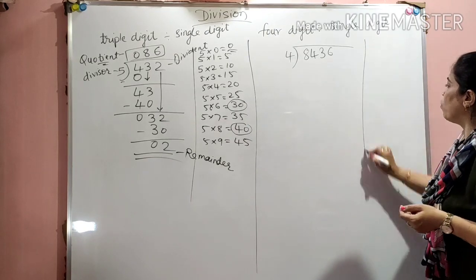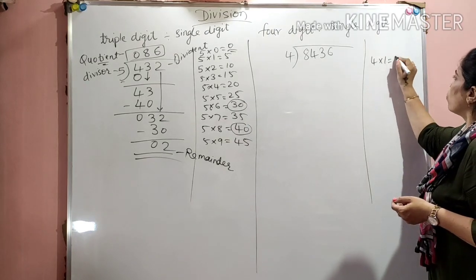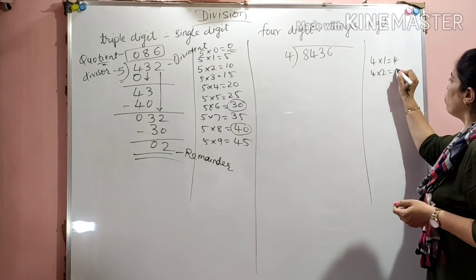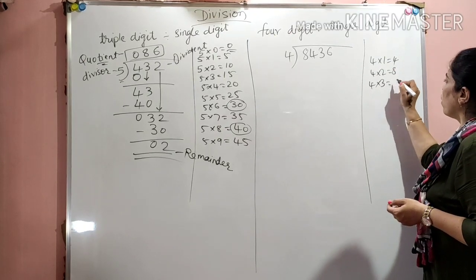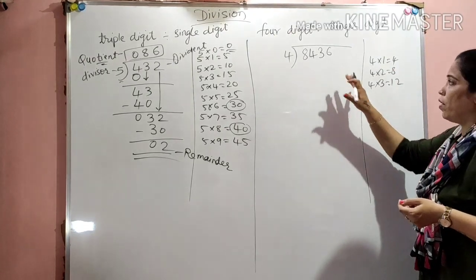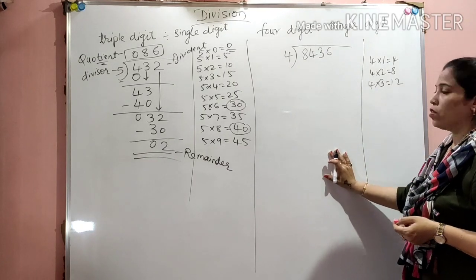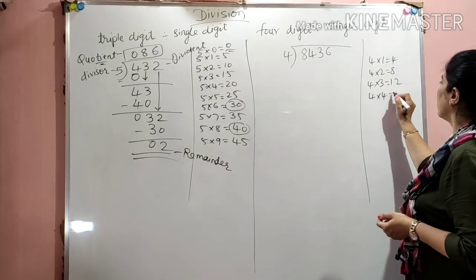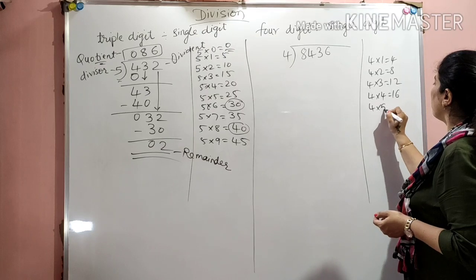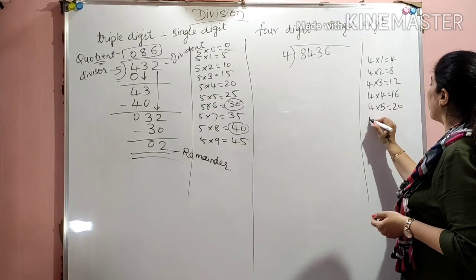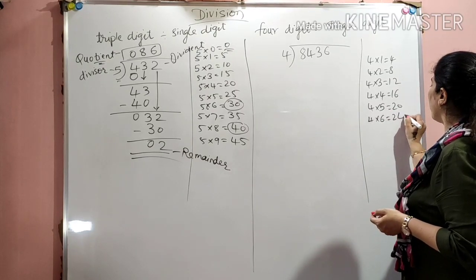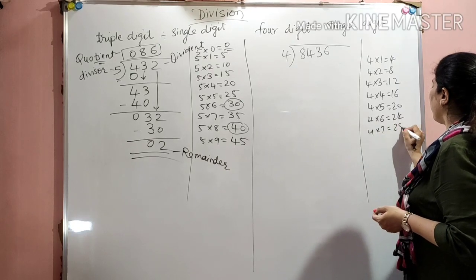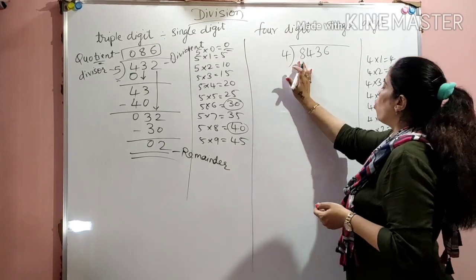For this I will see the table of 4. I am writing here so that it would be clear to you. Once the method is clear, then you can do any sum of division. 4 fives are 20, 4 sixes are 24, 4 sevens are 28.